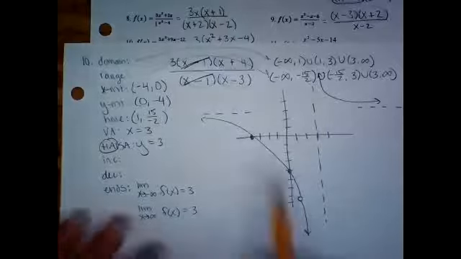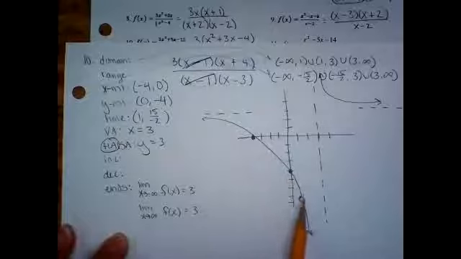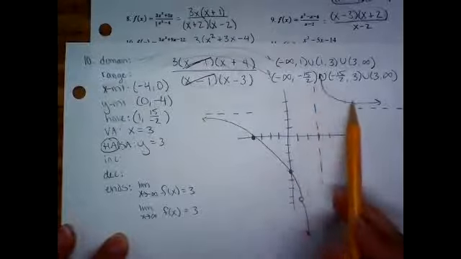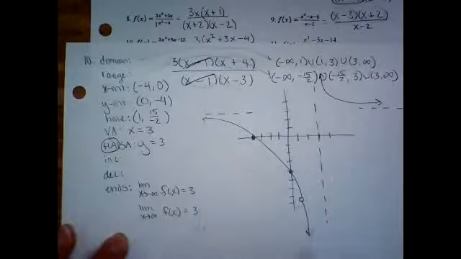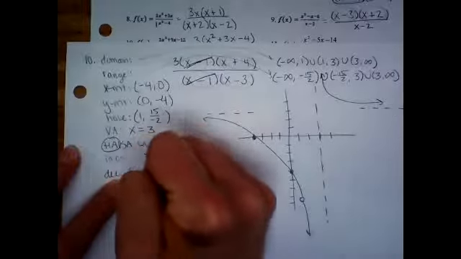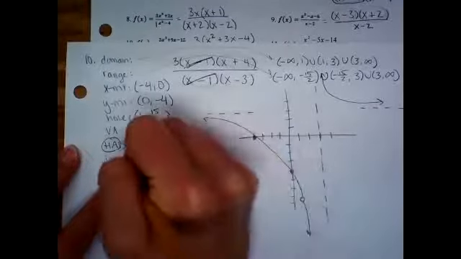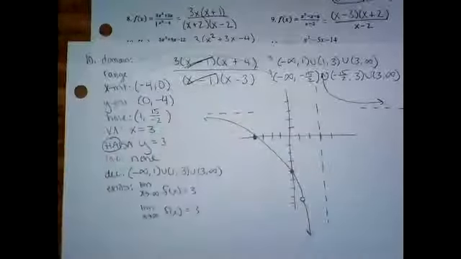And then lastly, reading left to right, is the graph increasing or decreasing? It is decreasing. So what do you copy over for decreasing? Domain, because you're reading left to right, and that's the domain. Increasing, we'll say none.